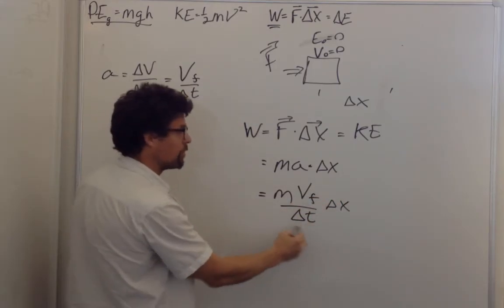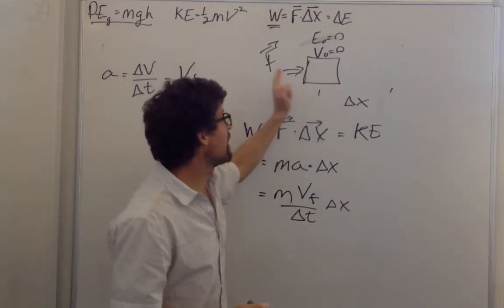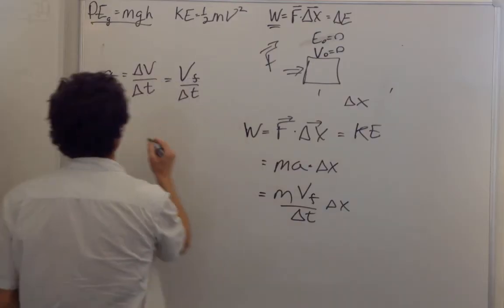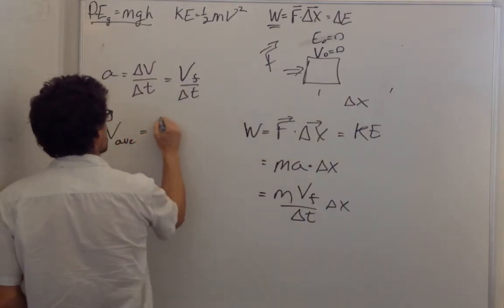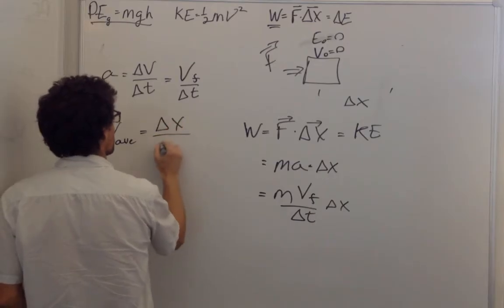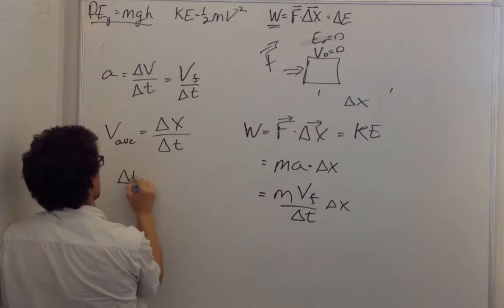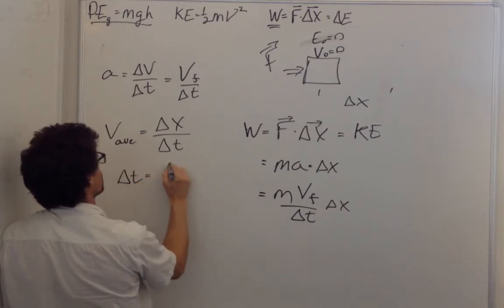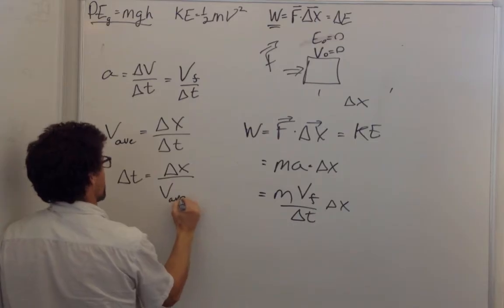Now we need to substitute in for delta t. What's delta t? Oh, I can look at my velocity and my displacement. I can say, oh, I know that the average velocity is equal to the total distance I go divided by delta t. And so then delta t is equal to the total distance I go divided by the average velocity.